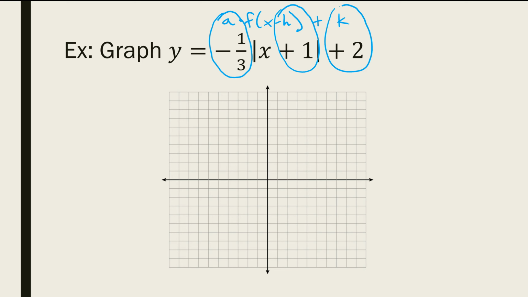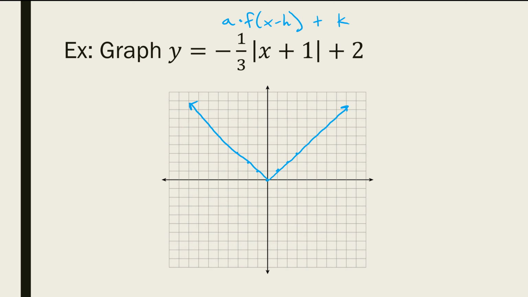And then the k is plus 2. So let's talk about how we're going to deal with all of these things, and this is what I would suggest. Start out by graphing the parent function. I know that the parent function in this case is y equals absolute value of x, and I know what those points are.